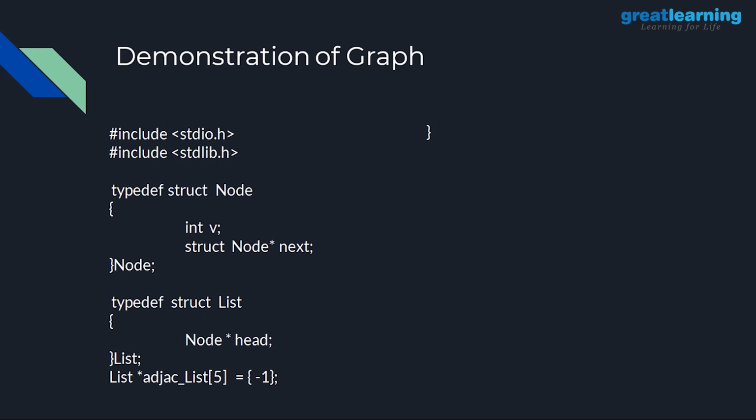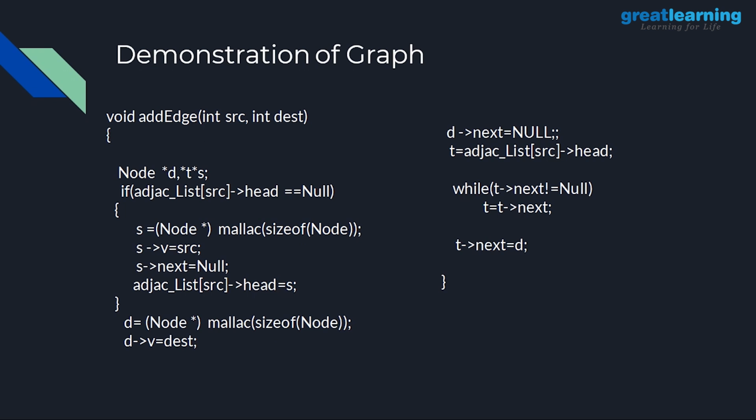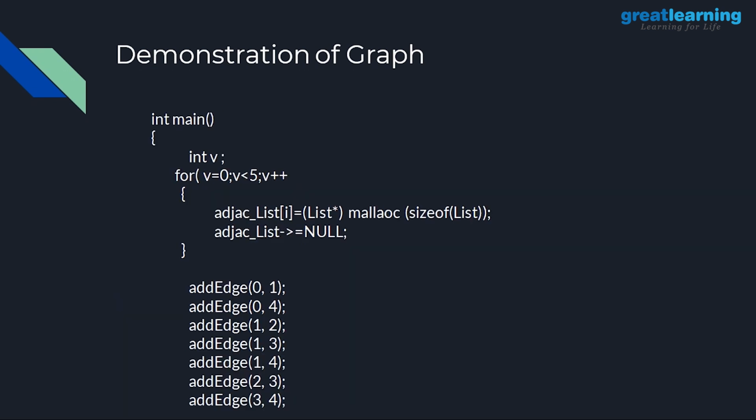Let's go ahead and check how we're going to create an edge. First, let's go into main so that we have clarity. In main, we are defining a loop which runs 5 times. Basically, we are allocating memory to this array list.